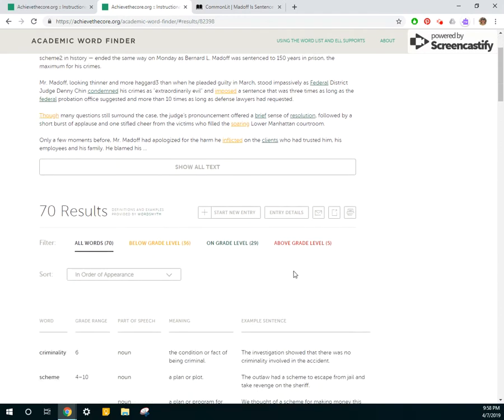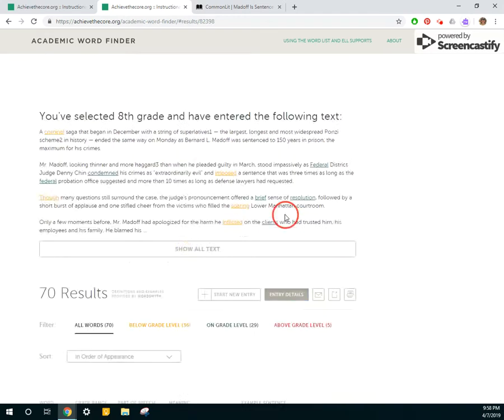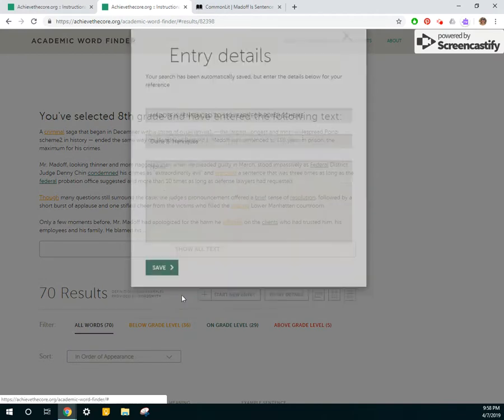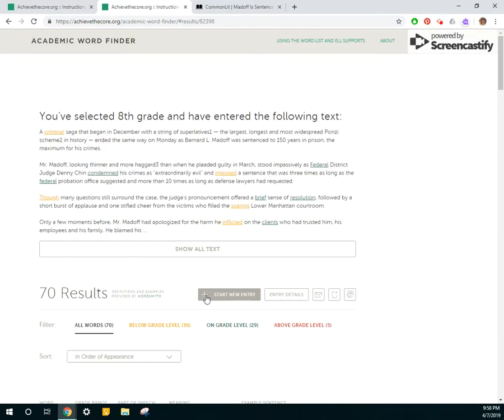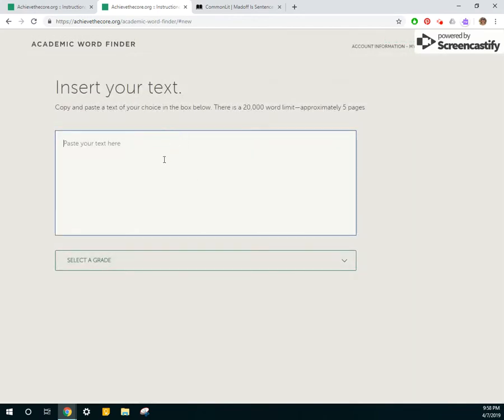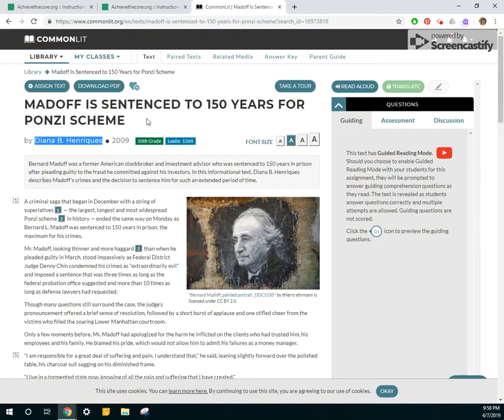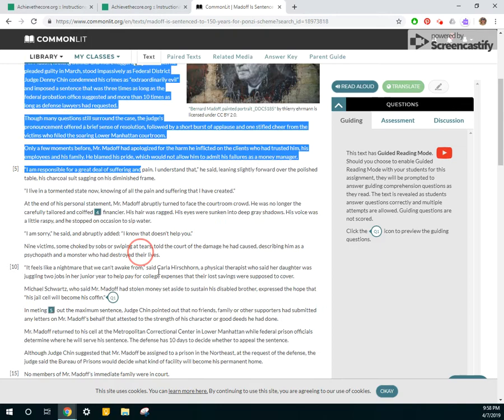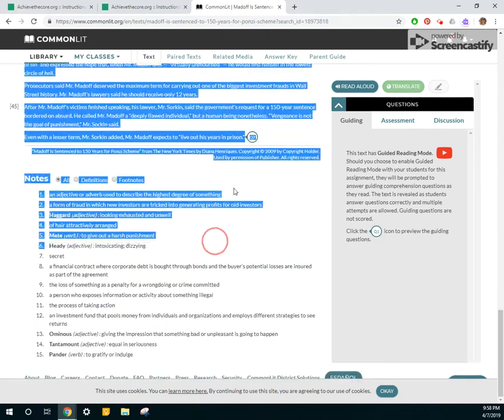In 8th grade, it's pulling up as 5 words are above grade level. But maybe when I put this in, I don't actually want to do this with my 8th graders. Maybe I'm doing it for an economics activity with my 6th graders. What if that's what I want to do?